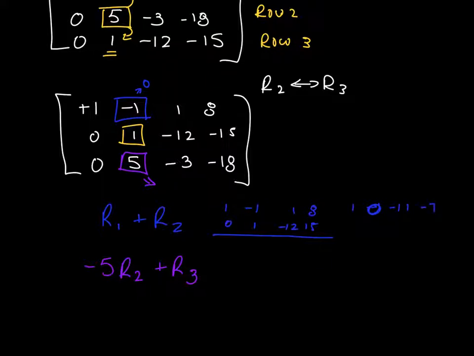Now notice, the reason I have to wait until this is a 0 to do that is that if I had any other number other than 0, this 1 would change. So you have to have that a 0 first.